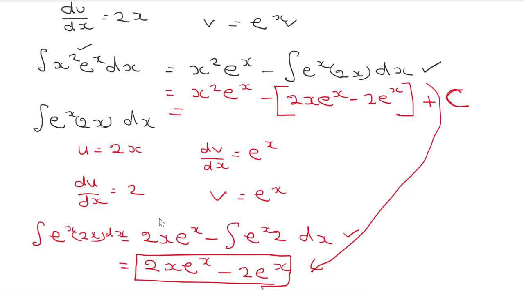If I simplify and expand out, this becomes x squared e raised to the x minus 2x e raised to the x plus 2 e raised to the x plus c.